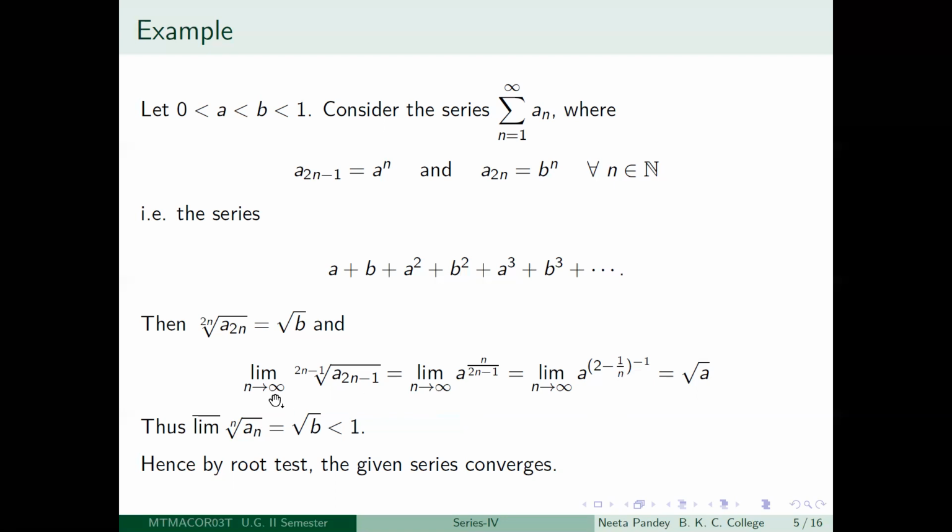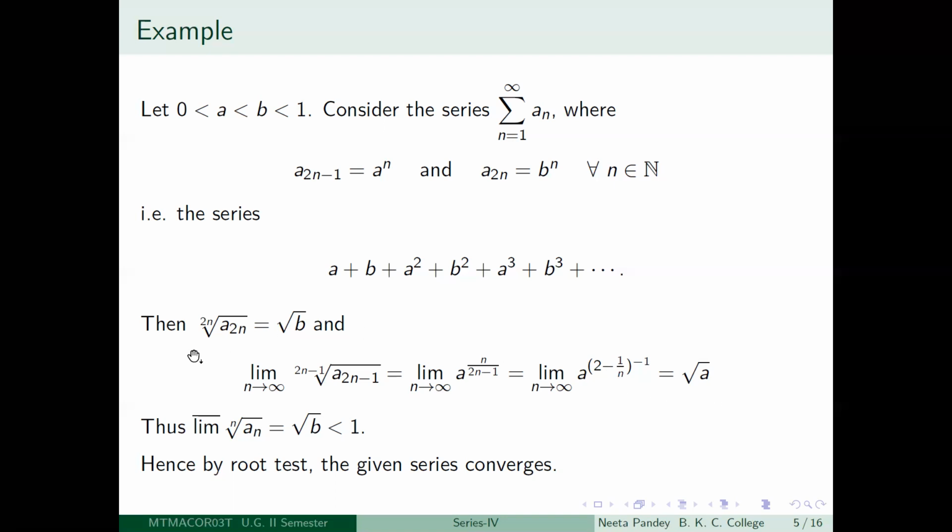If we look at the subsequence of this sequence consisting only of the odd terms and take the limit, that will exist, and it will be equal to what? Root a. Because as n tends to infinity, this 1 by n becomes 0, so all you're left with is 2 inverse. So a to the power 2 inverse means a to the power half, which is equal to square root of a.